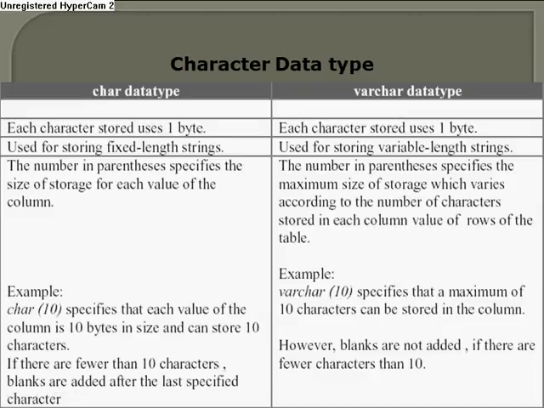So if I have stored a 5 character value in the database, then it requires only 5 characters. The remaining 5 characters, which are stored as blanks in char, are not used in this varchar type.